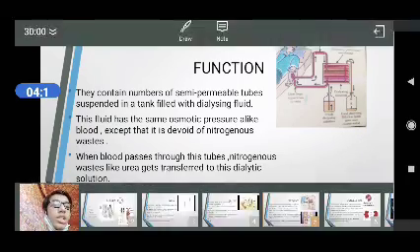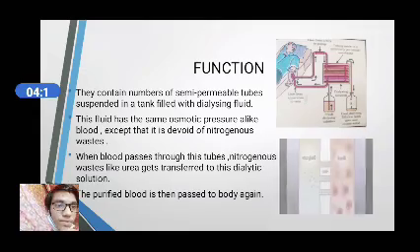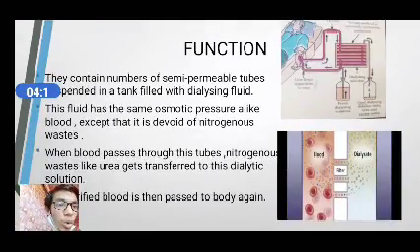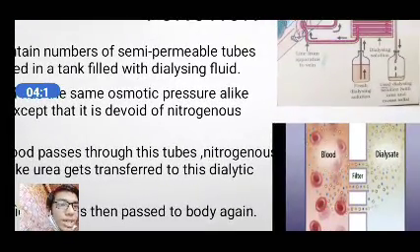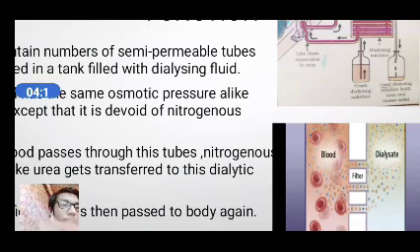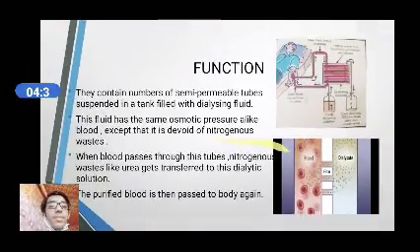You can see in this figure that blood is passing through this tube while the dialysate solution is near it. Since the dialysate solution contains a lower concentration of nitrogenous wastage, the nitrogenous wastage goes towards the dialysate.